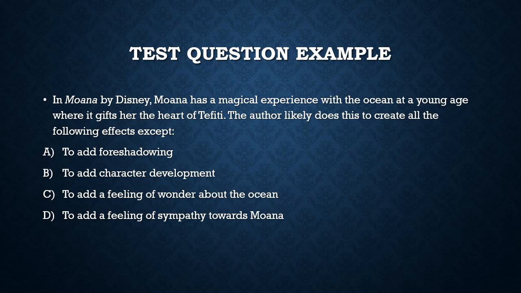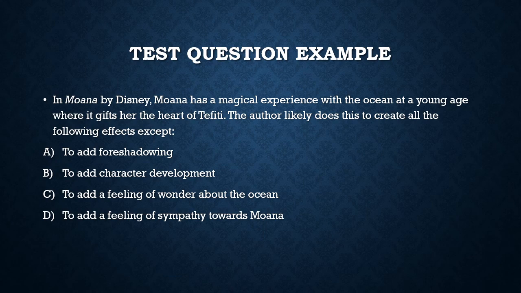And so then we just have to ask the last question, what effect might this have? What effect do these things have? And that's literally what our question is as well. So we are looking for which of the following is not an effect. Which of these is the odd one out, because of that word except there. So we can look at it.